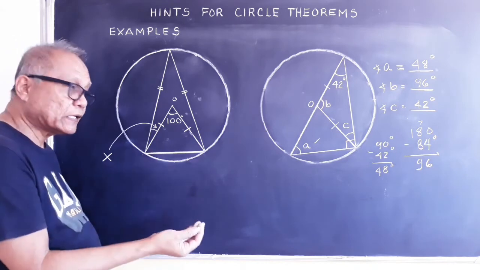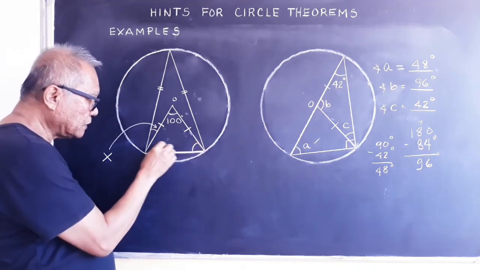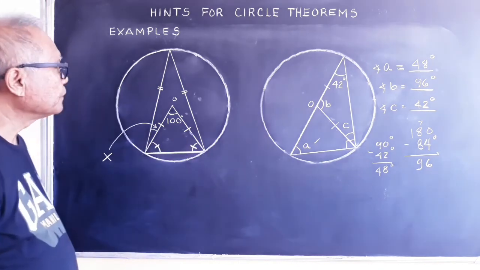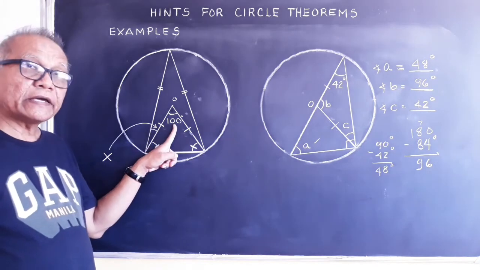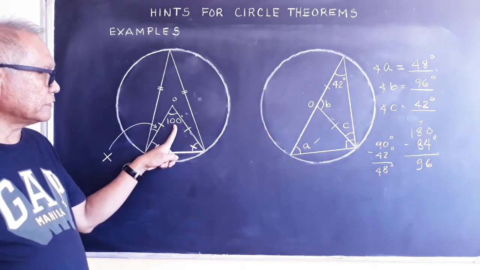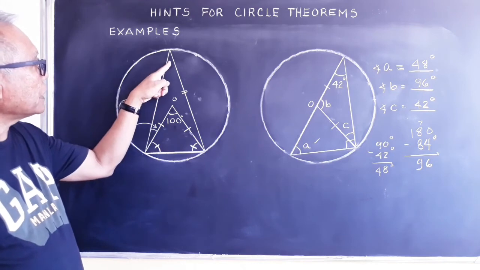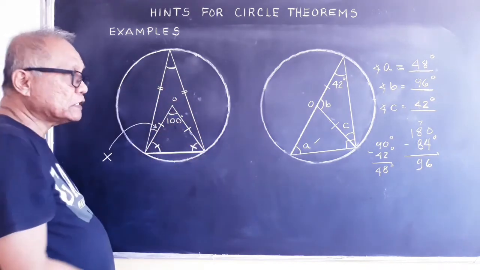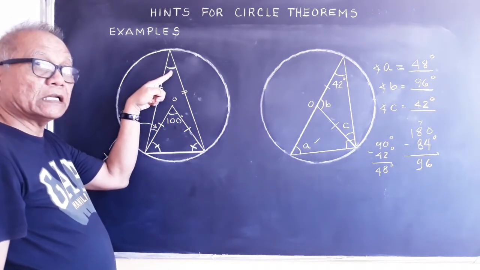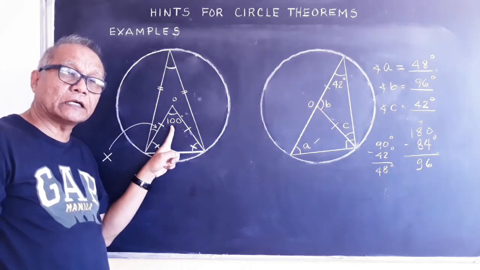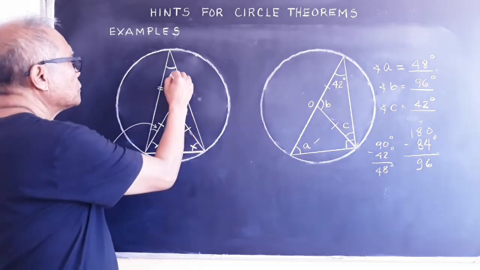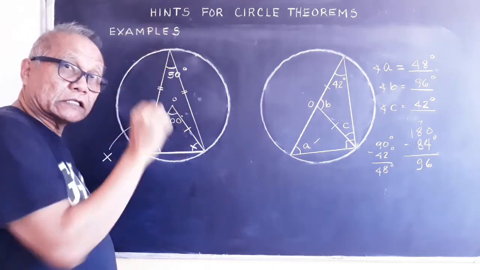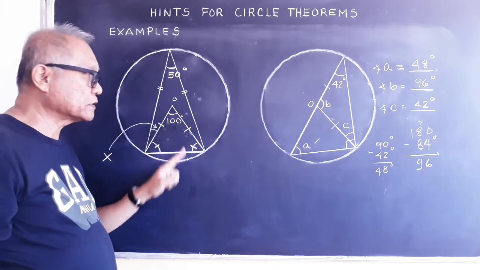In an isosceles triangle, we know that this angle here and this angle here are equal. Then, the central angle 100 is given. The subtended angle here is unknown. You can compute this angle easily, because it is 1/2 of the central angle by theorem. So this one is 50 degrees, half of 100 degrees.